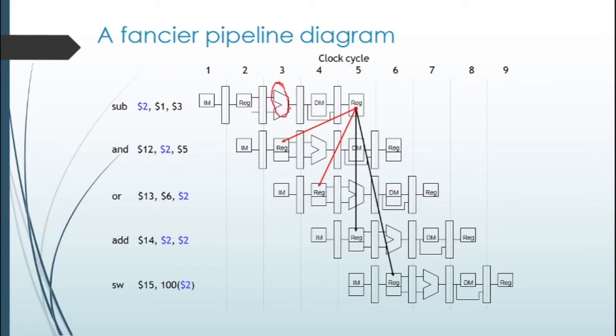The subtraction is done here, and that data is at this point. So the data that is going to be stored in register number 2 is actually processed or completed in this third clock cycle, and it is stored in the fifth clock cycle.